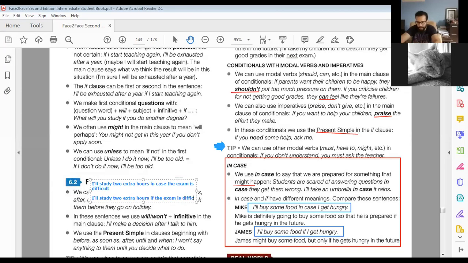One of them doesn't fit, it's not correct in meaning. One of them. The if one is incorrect. Okay, why is it incorrect? Because he should study extra 2 hours because he doesn't know if the exam is going to be difficult.